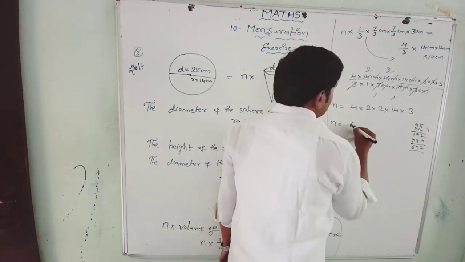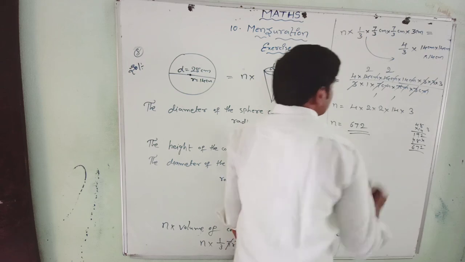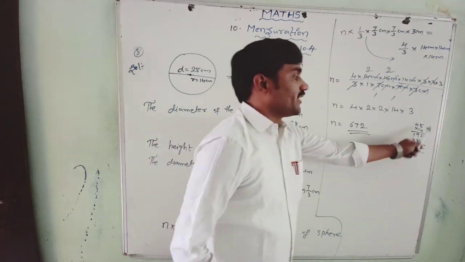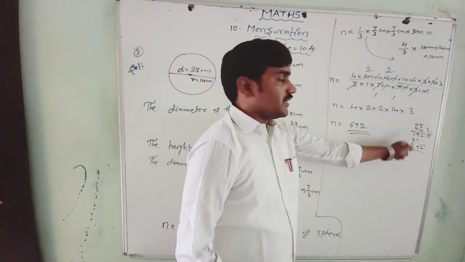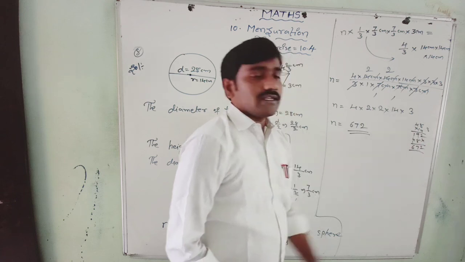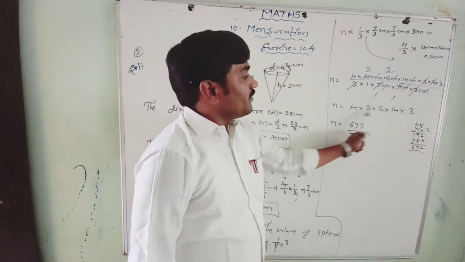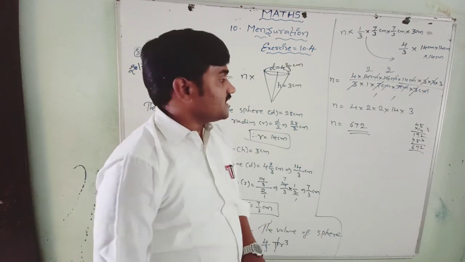That gives 672. You can do it with the 14 table, it will be done easily. So when you multiply all this, we get 672.